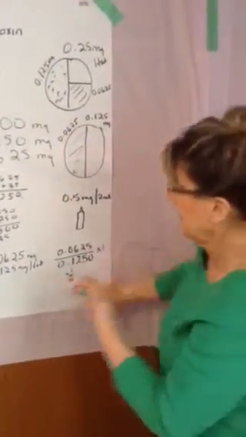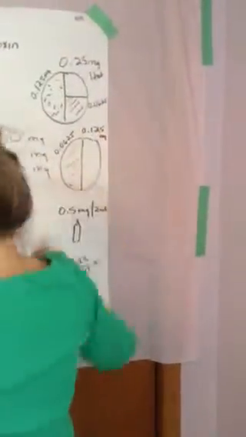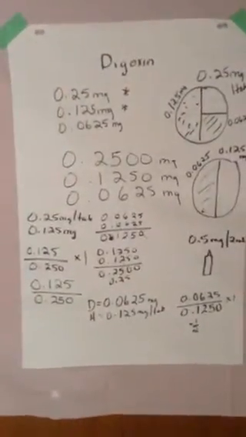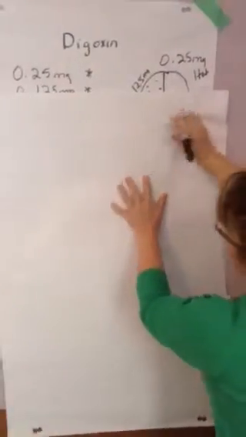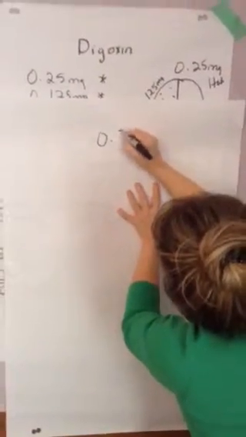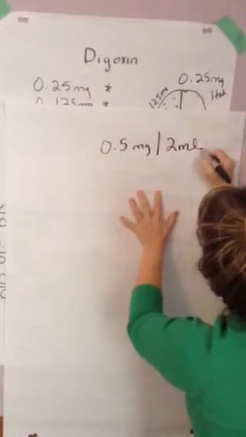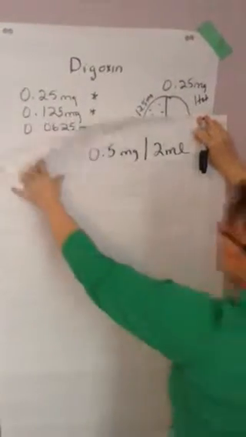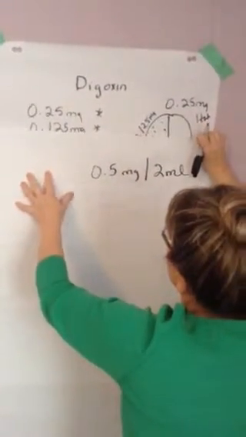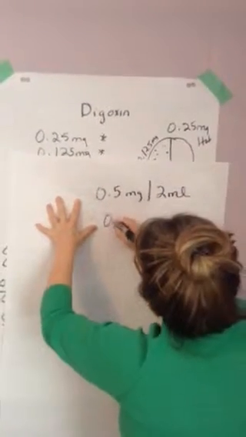I'm going to just flip this up. The only other thing is that the ampules of digoxin come as 0.5 milligrams per 2 mils. So if we're giving this in ICU and we're giving IV because the person's having tachycardia and they want to slow the heart down, then let's do this.